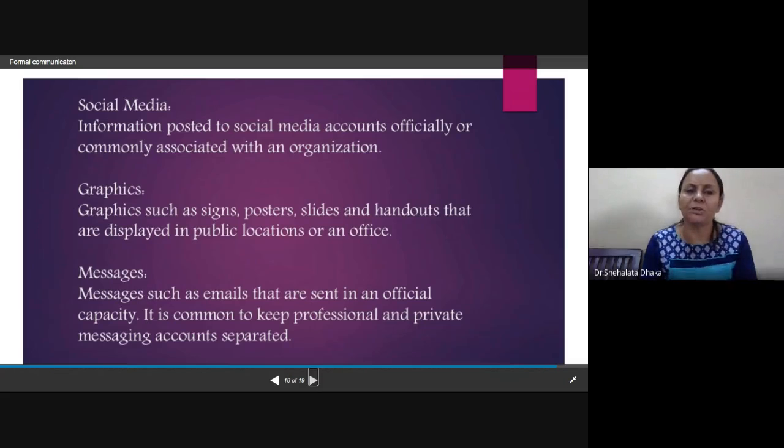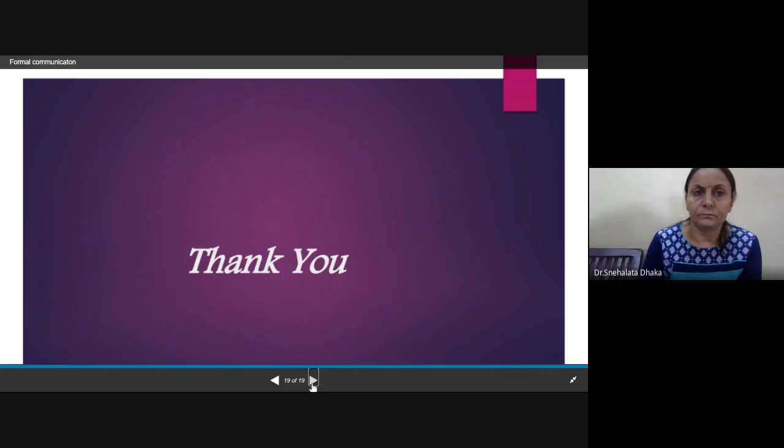Students, you can take the image of all these examples. So with this, the topic is complete. That much is sufficient for us to know about formal communication.